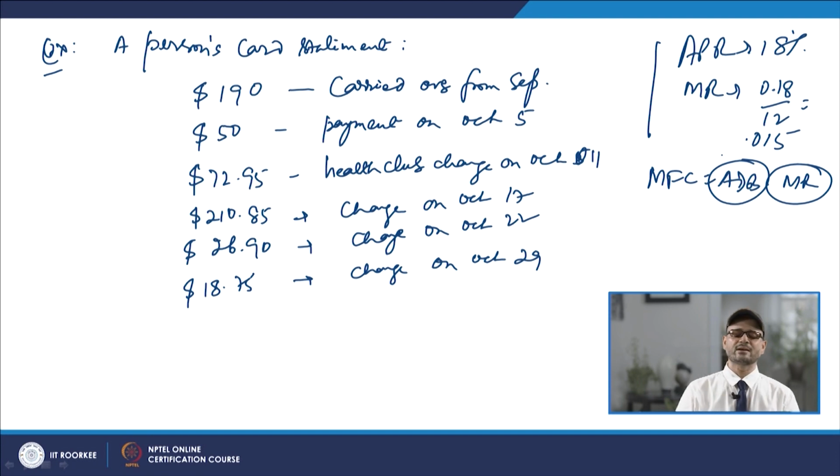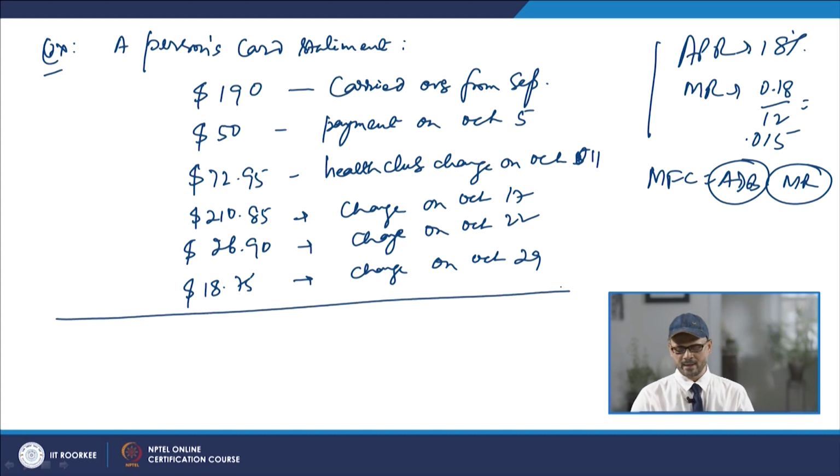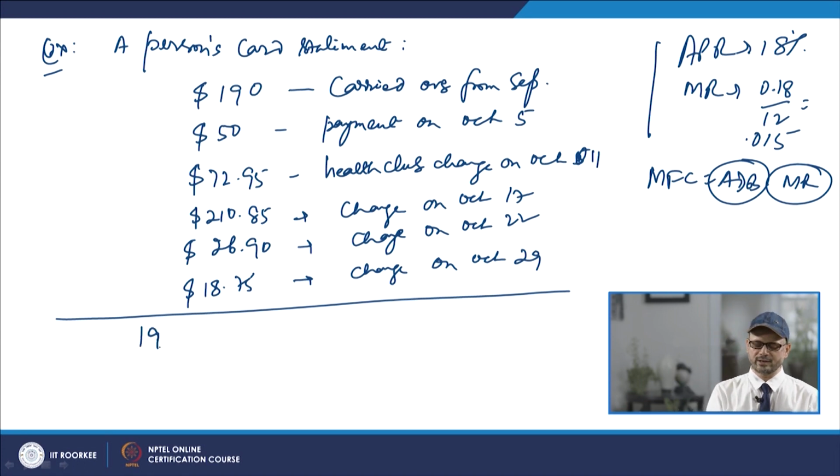If you look at the credit card statement, you have the balance of 190 on the first day, and until October 5 when you pay 50, you had 190 going on. So 190 is there for 4 days, so 190 will be multiplied by 4.